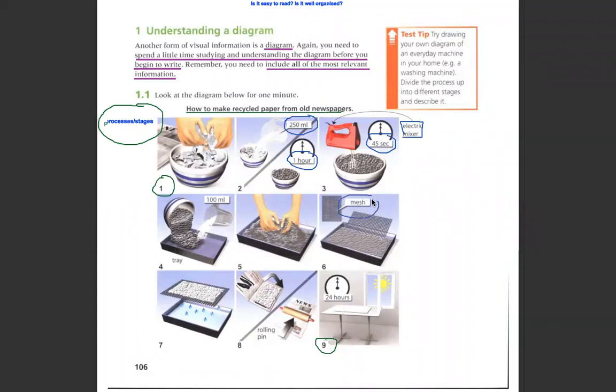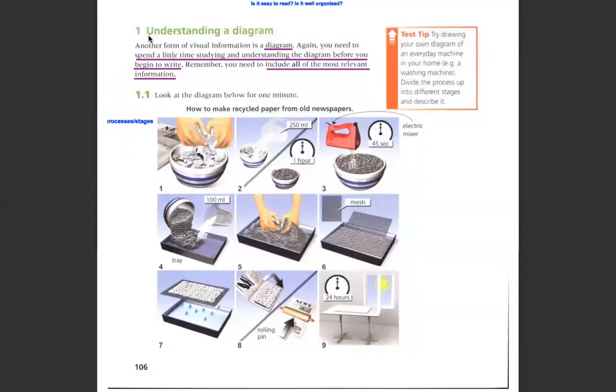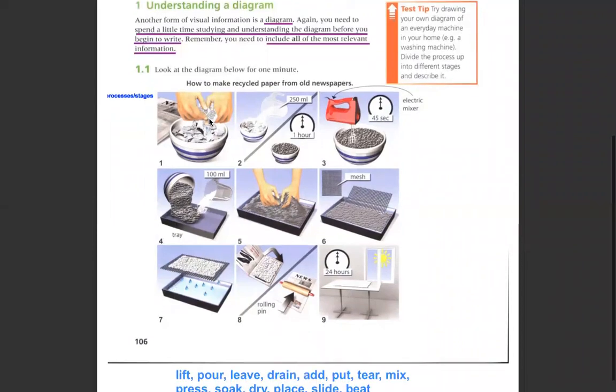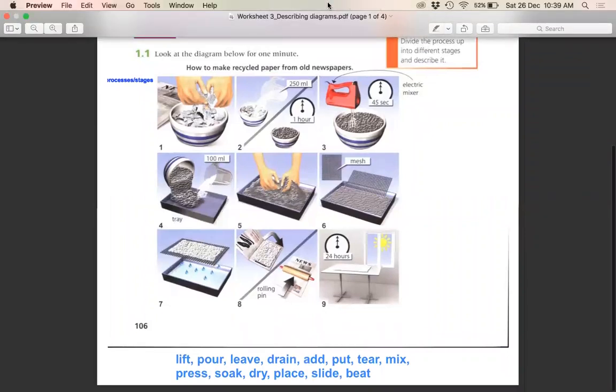Here we have another word, mesh, another word, rolling pin. Okay, and again, it gives you some time. So the first thing you can do is look for any words or numbers that you can see on the diagram. The second thing you can do is think about how can you describe what's happening in each picture. And you can do this by thinking about which verbs you can use to describe the step in each picture.